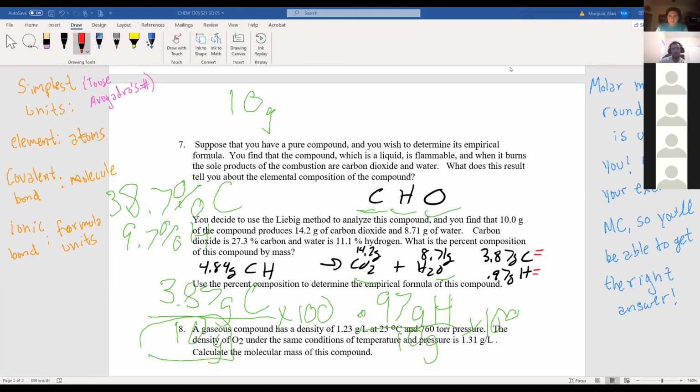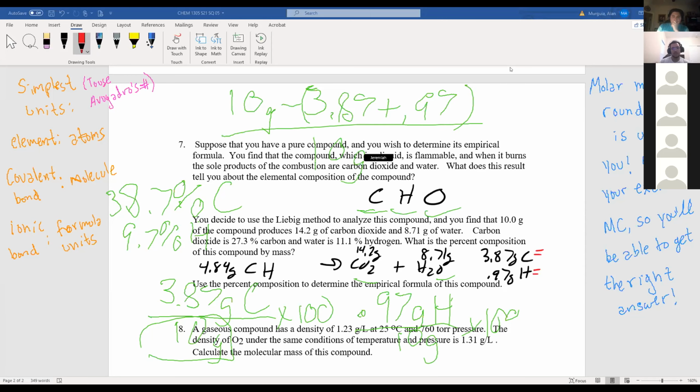Convert it to moles. Not quite. We can subtract. We subtract the carbon and the hydrogen, because whatever is left over will have to be oxygen. So the 4.84 down there, and then you divide that by the 10 grams.